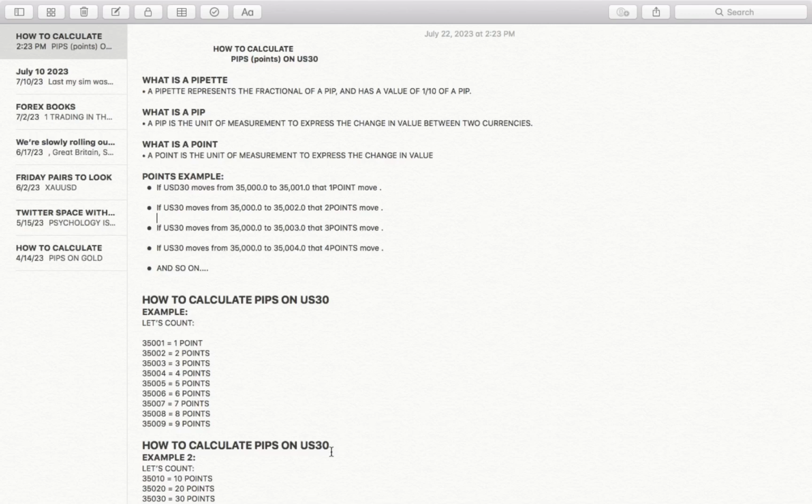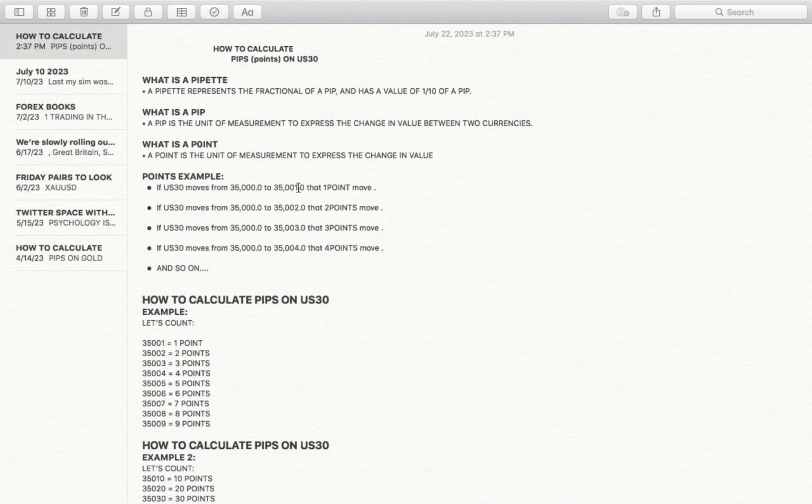So as you can see, I give an example of points. Let's assume US30 is currently $35,000, and it moves from $35,000 to $35,001.